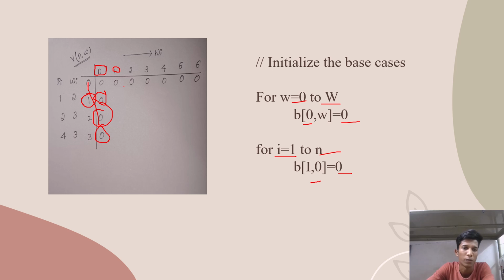If the weight of the bag is 2, there is no item, that time also you initialize 0. The weight of the bag is 3, there is no item, initialize 0. The weight of the bag is 4, 0. Weight of the bag is 5, 0. And weight 6 is 0.